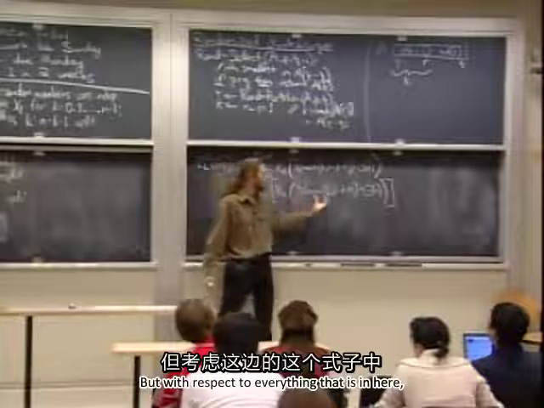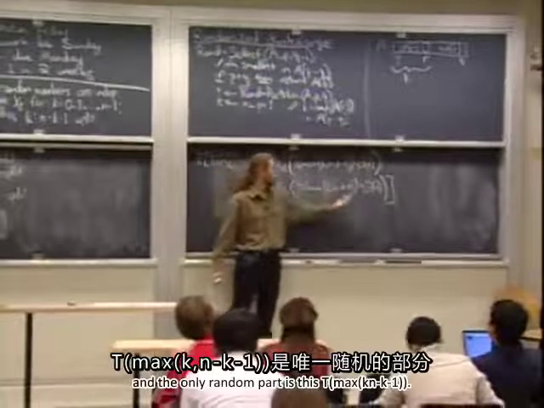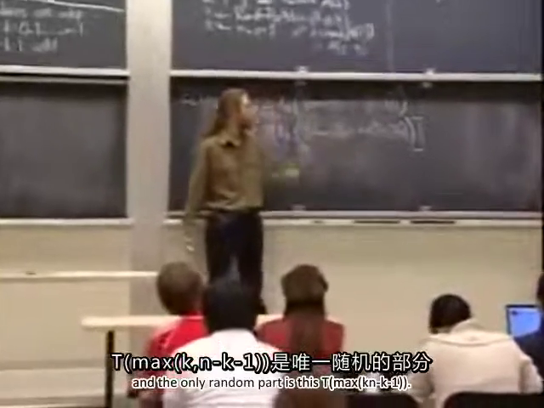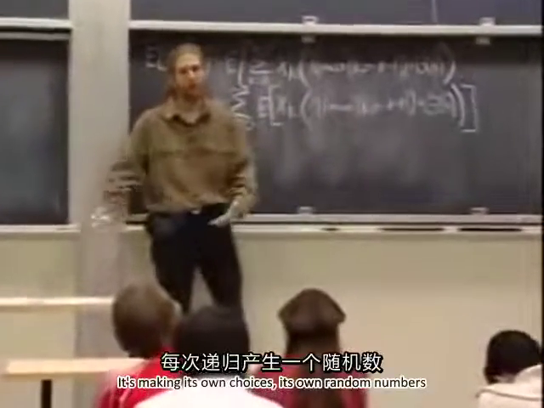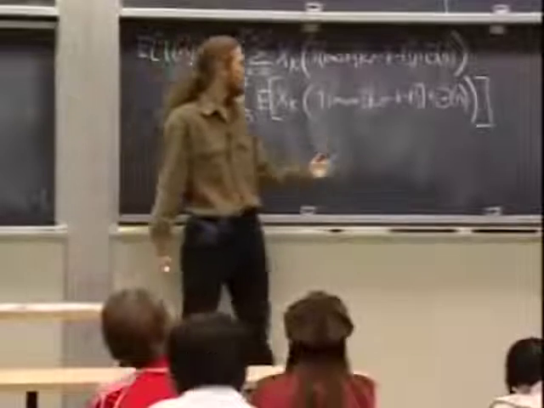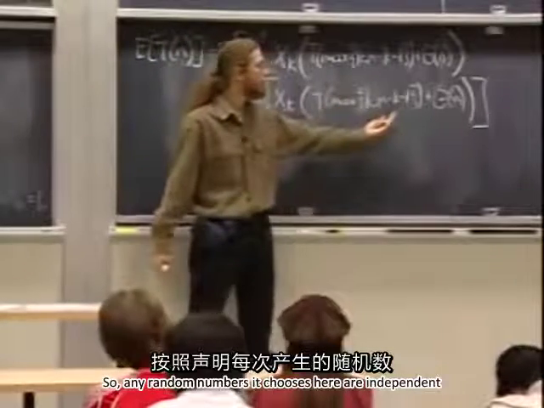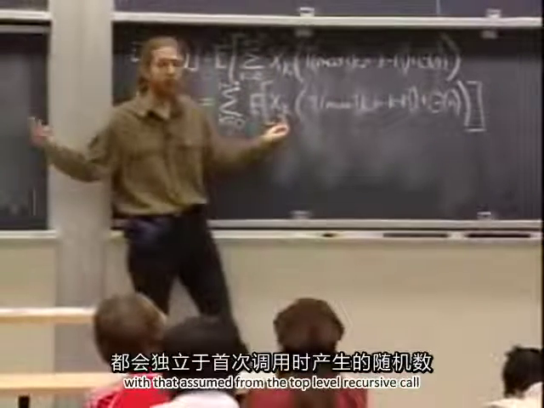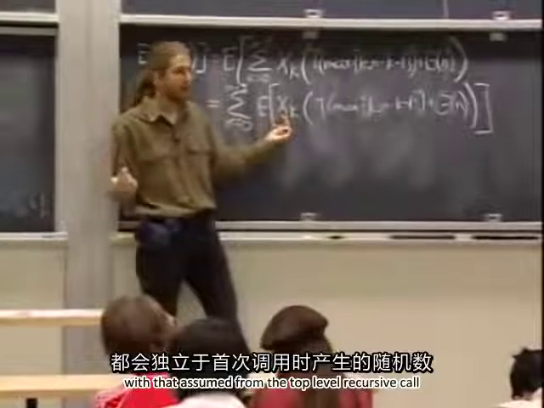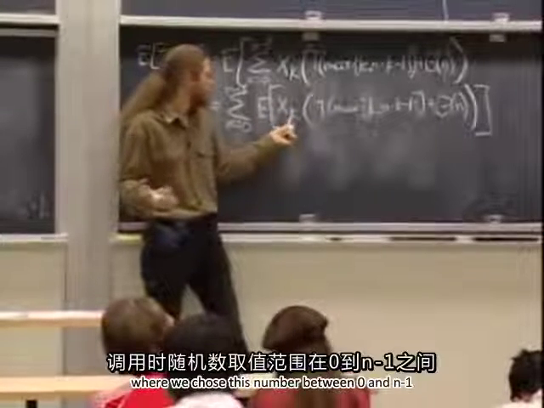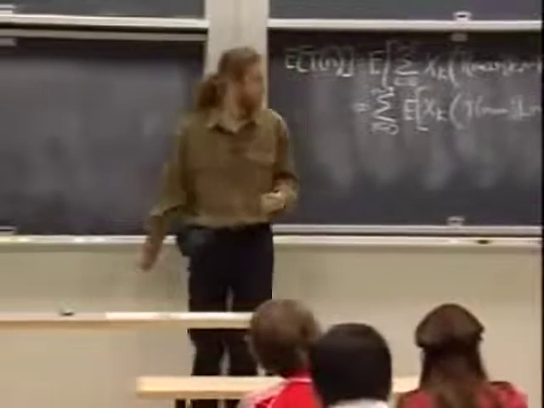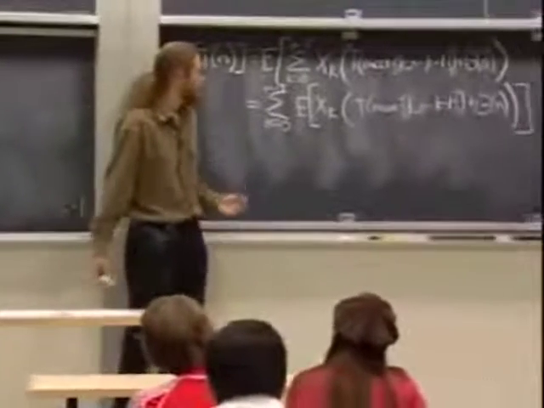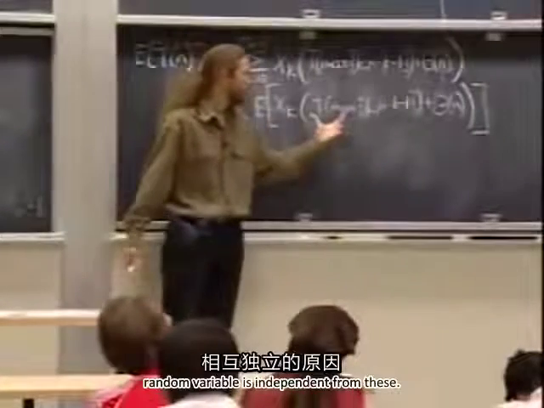But with respect to everything that's in here, the only random part is this T of max of k and n minus k minus 1, that's a recursive call. It's making its own choices, its own random numbers. So any random numbers that it chooses here are independent, we've assumed, from the top level recursive call, where we chose this number between 0 and n minus 1. So that's the reason that this random variable is independent from these.